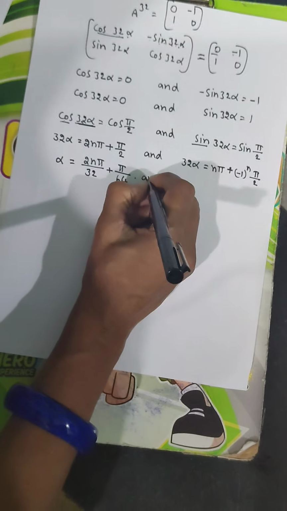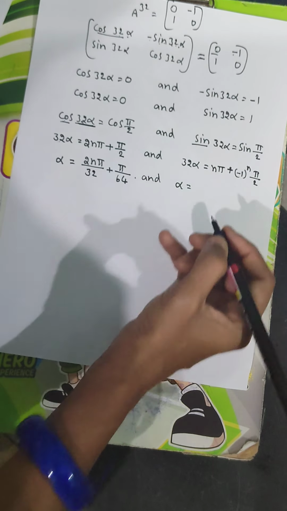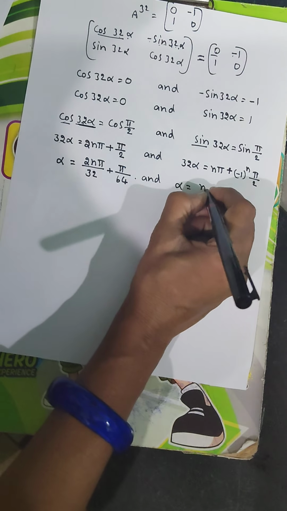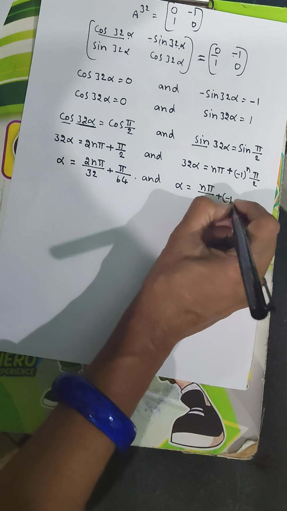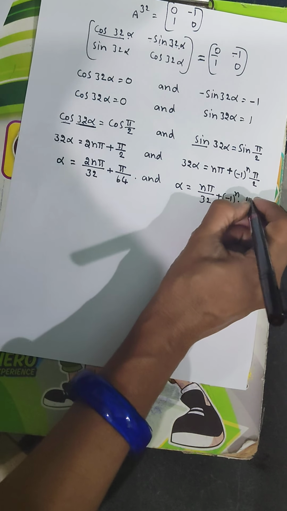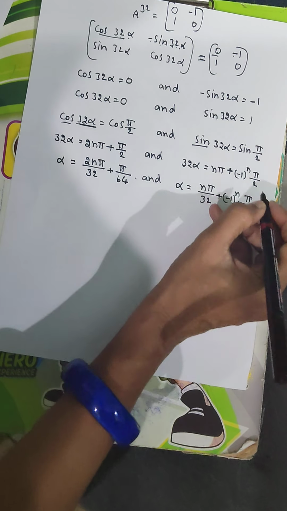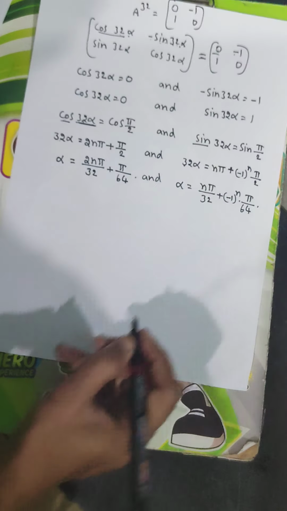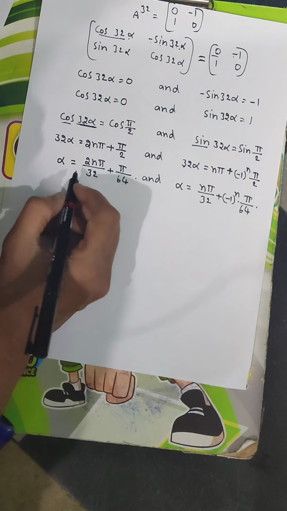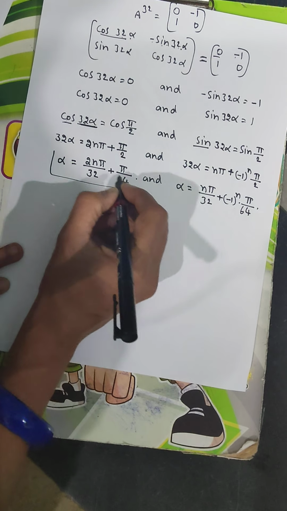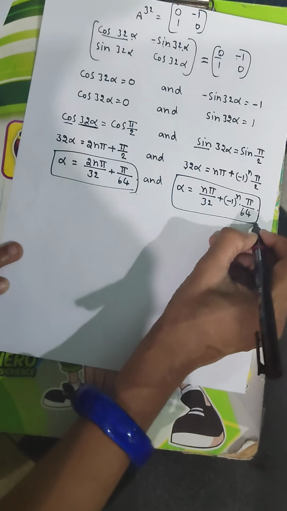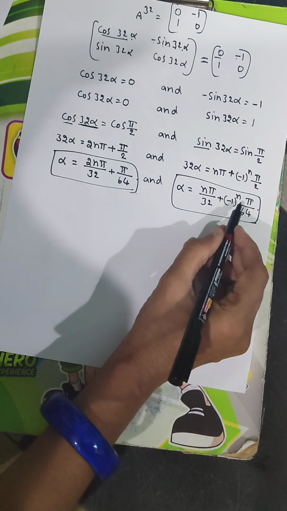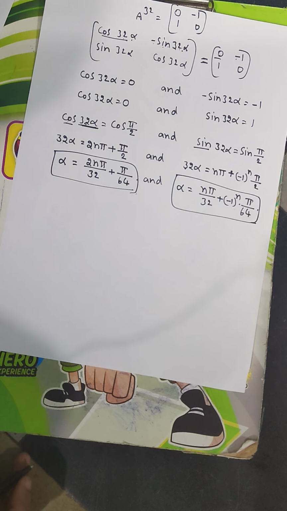So the value of alpha can be written as n pi by 32 plus minus 1 power n into pi by 64.